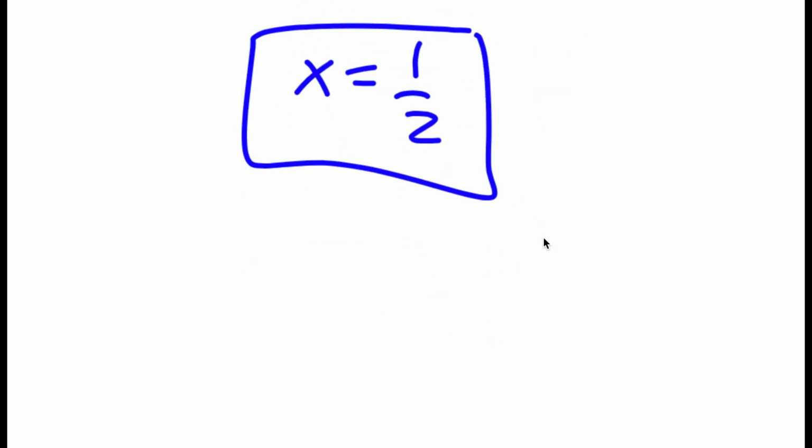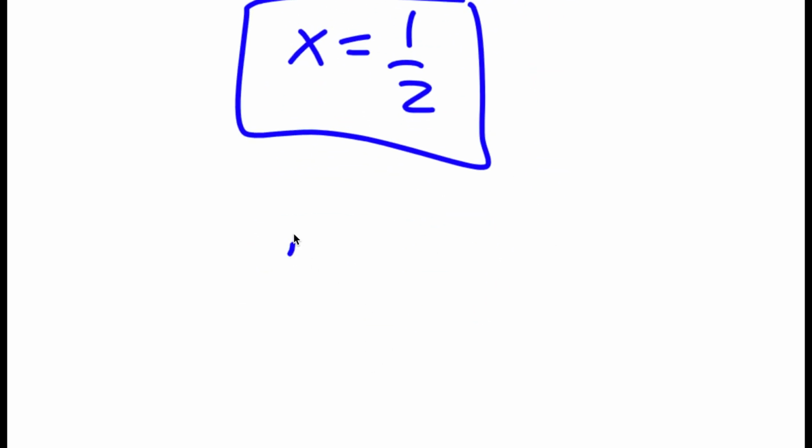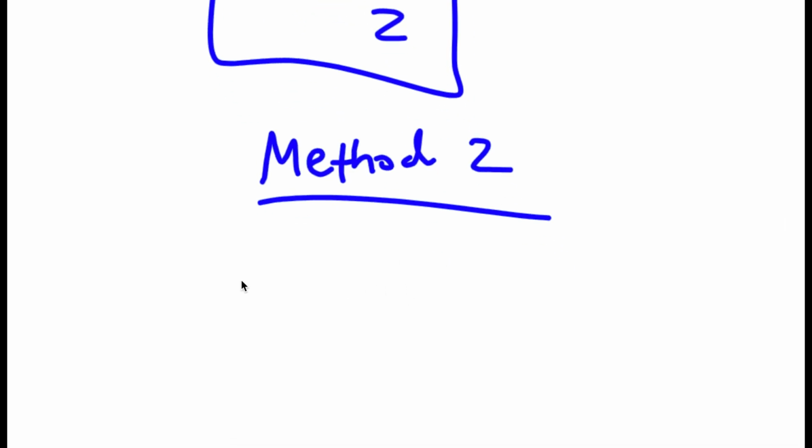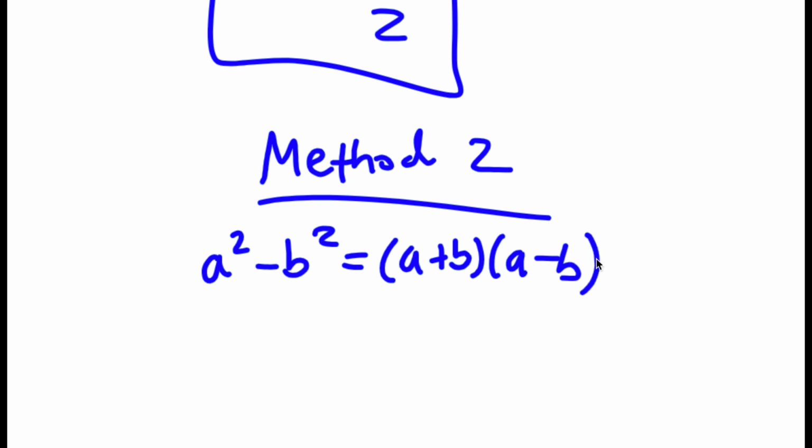Now my second method for solving this problem: if I have something in the form a squared minus b squared, this is equal to a plus b times a minus b.